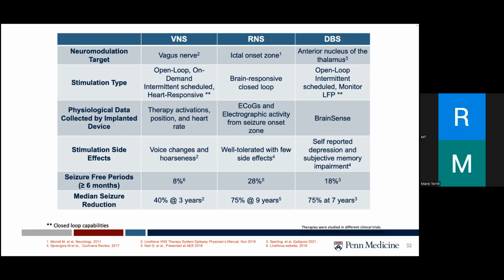There's some overlapping variability between these mechanisms between the devices, but some of them include desynchronization of brain activity, modulation of neurotransmitter release, changes in synaptogenesis and neuroplasticity, and remodeling that is associated with chronic stimulation. To date, there are no head-to-head trials comparing these devices, and the selection is typically driven by patient characteristics and preferences in addition to physician experience.